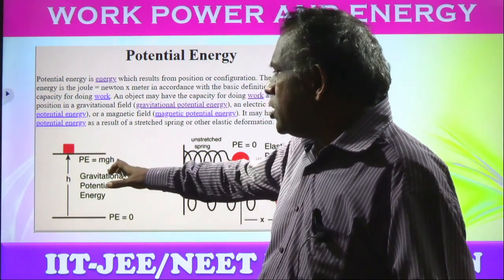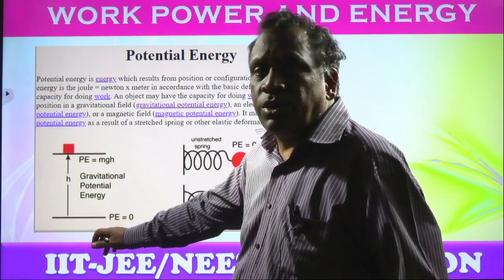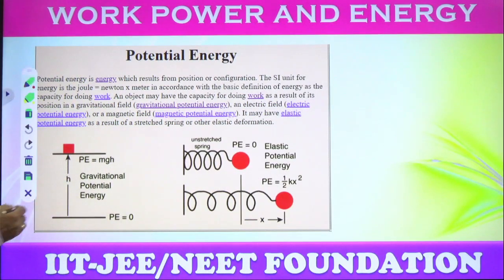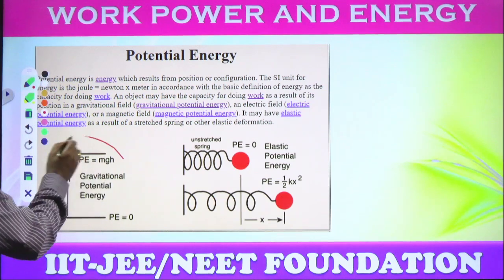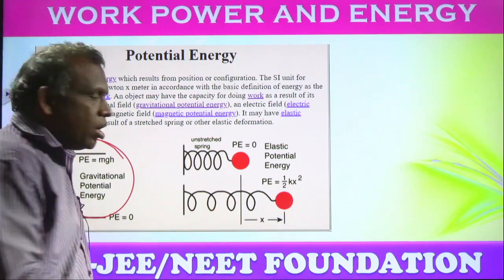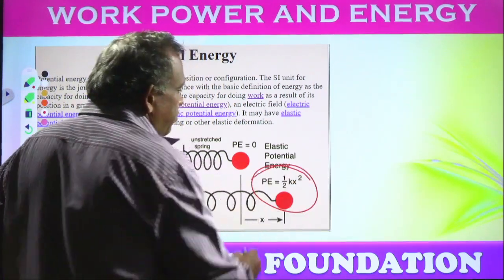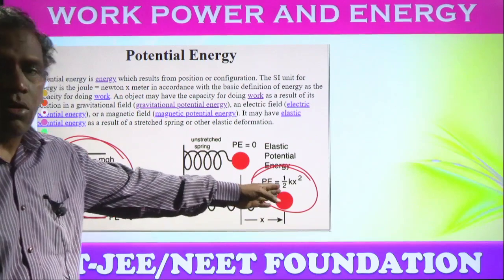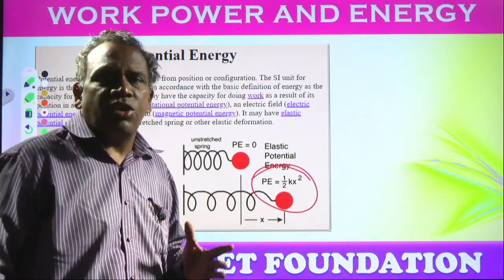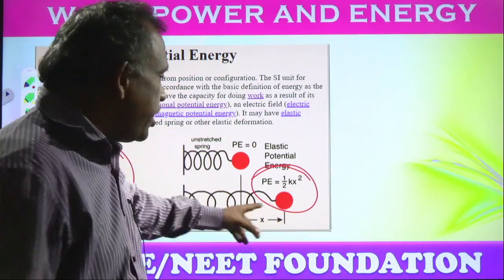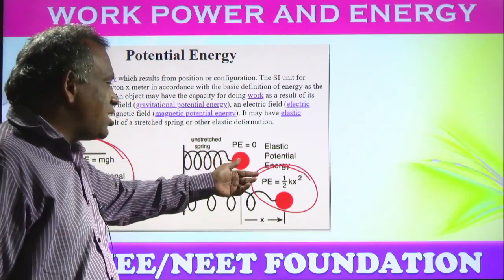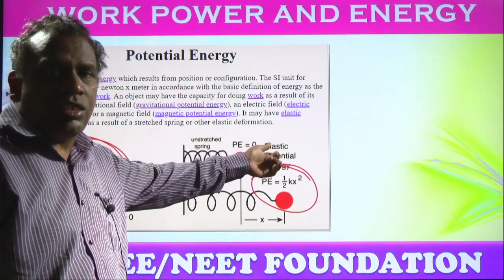Potential energy is equal to mgh for gravitational potential energy, and elastic potential energy is equal to half into kx squared, where k is called the spring constant and x is the displacement or extension of the spring. In the initial position, when the spring is unstretched, the potential energy is 0.